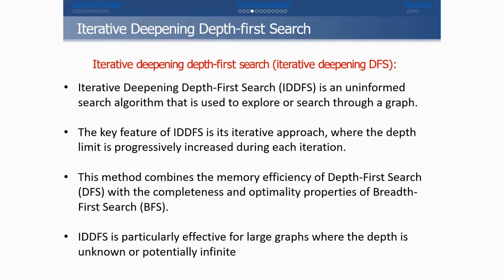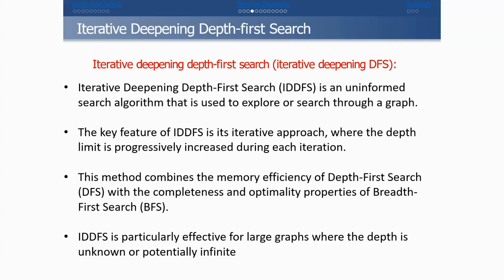So we can say optimality is like BFS for unweighted graphs. In an unweighted graph, where all the edge costs are uniform, BFS finds the shortest path. IDDFS also finds the shortest path because it explores all the nodes at a given depth before moving to the next deeper level.